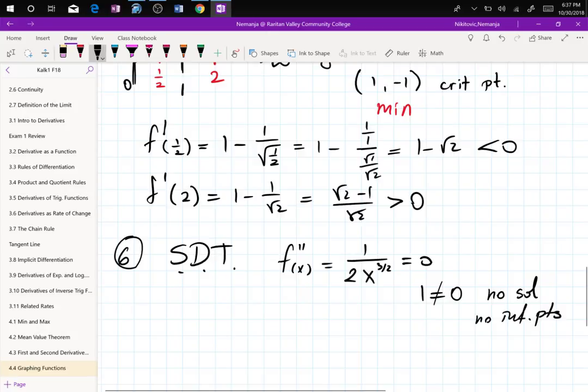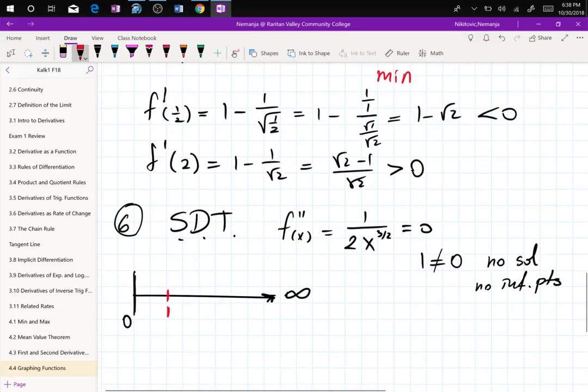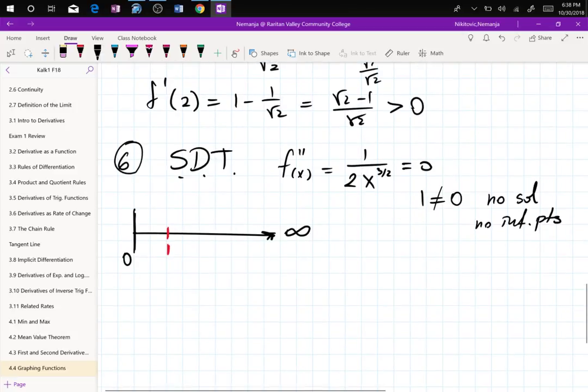What does that mean? Does that mean we're not partitioning? No, that means everything is one partition. That's all it means. So I'm partitioning again 0 to infinity, but everything is one partition, so you can pick any value you want as a test value. We'll pick number 1.